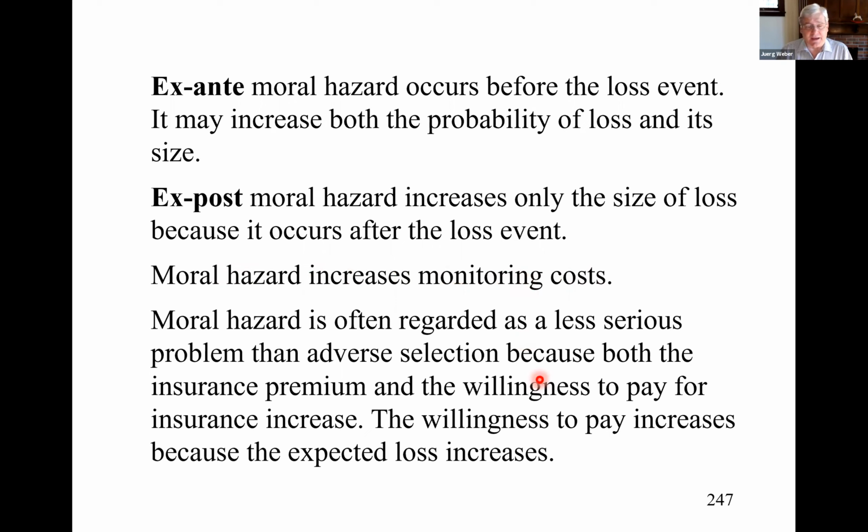But the willingness to pay naturally also increases. The insurance buyers know that they behave in a hazardous way, so they will expect higher payouts because they change their behavior. So also the willingness to pay will increase. And so the insurance market may actually not collapse. Just the prices for insurance go up, but the insurance buyers naturally know that they don't make preventive effort and behave more risky. So they expect bigger payouts. Okay, that's fine, and so then they are willing to pay more.